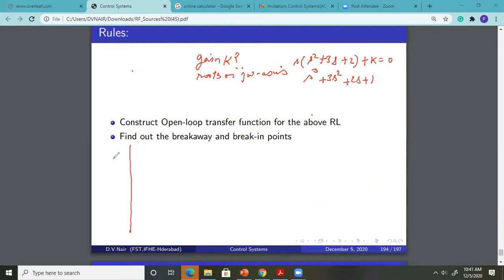What will be the first row of the Routh's table corresponding to s to the power 3?